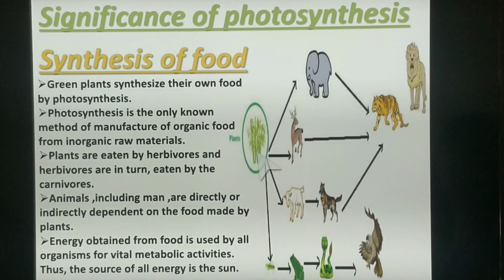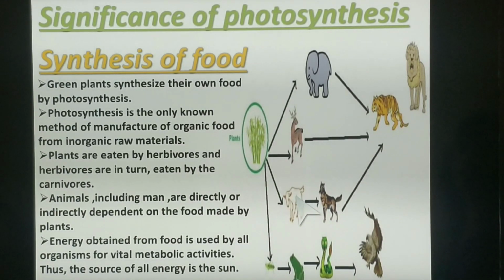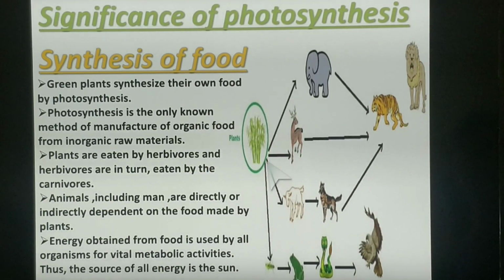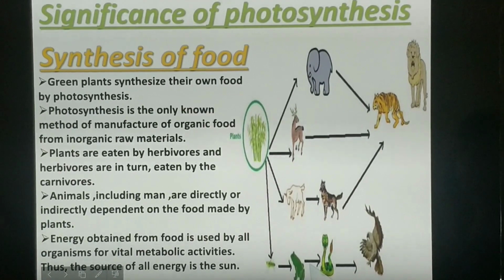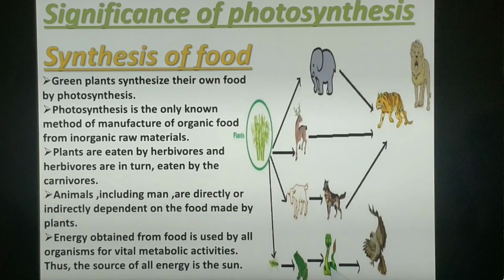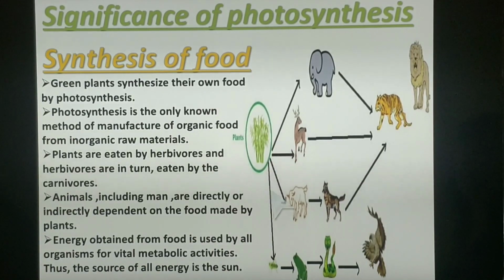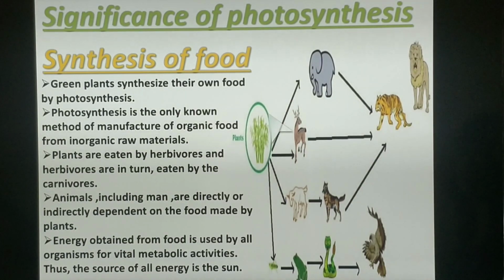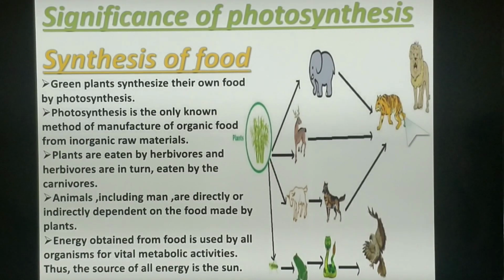You can see that the grass or plant parts are eaten up by a goat, and this goat is eaten up by a wolf. The grasshopper feeds over the plant parts. It is then fed by the frog, and the frog is ultimately fed by a snake, which is lastly eaten up by an eagle. So this shows that the food that is prepared in the plants is eaten up by the herbivores, and then it is eaten up by carnivores.